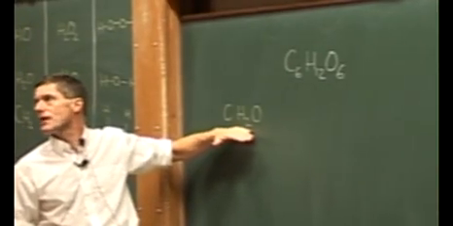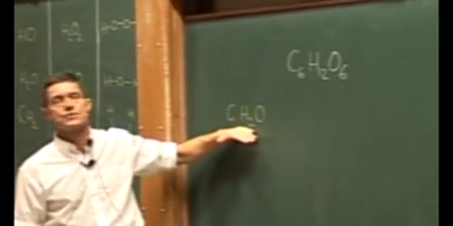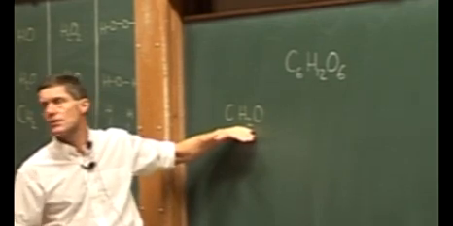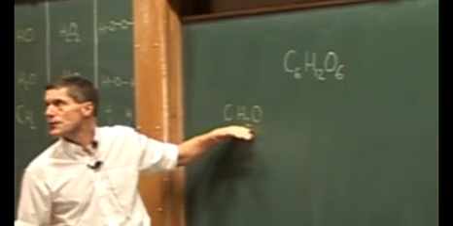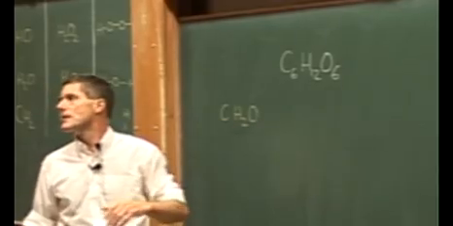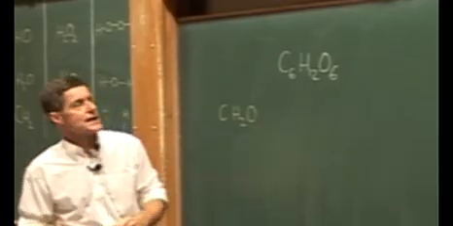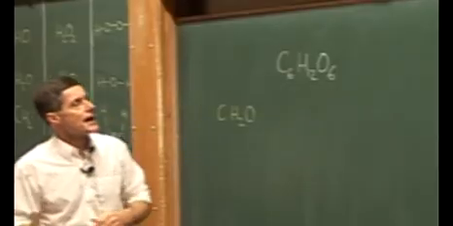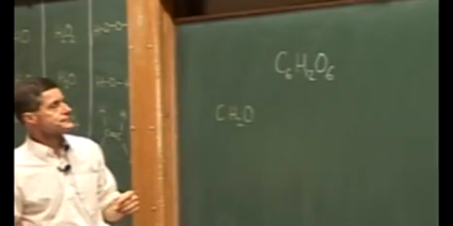However, it turns out there's an awful lot of types of sugar, whether it be glucose or mannose or fructose, that have the same empirical formula, but there is some difference in their structure and possibly their molecular formula.